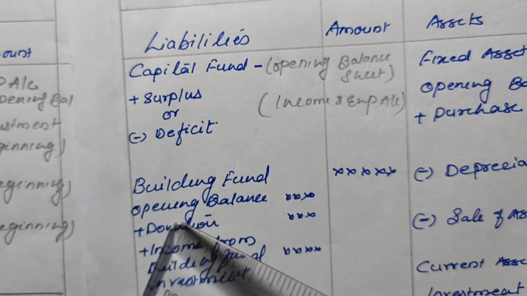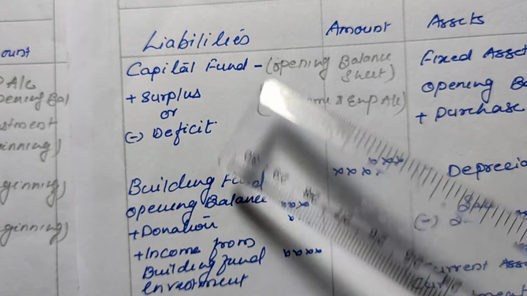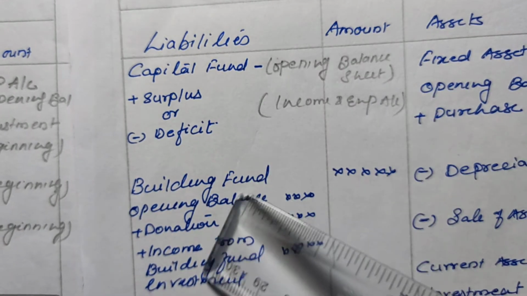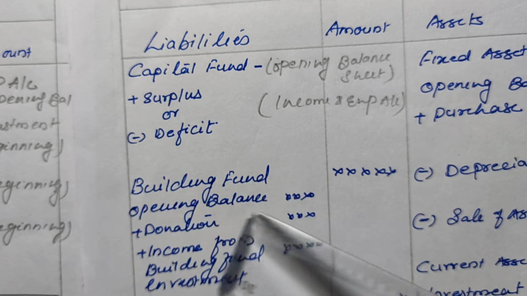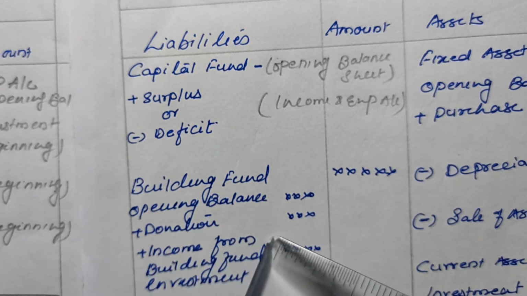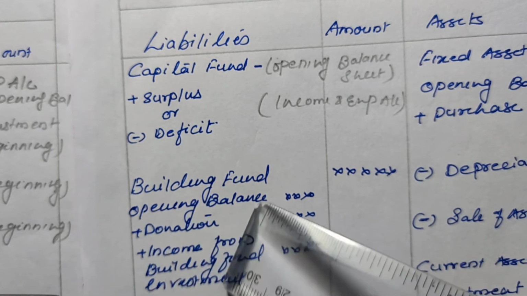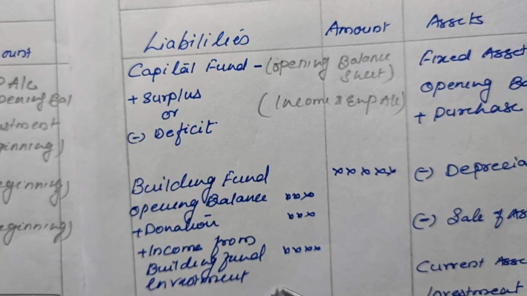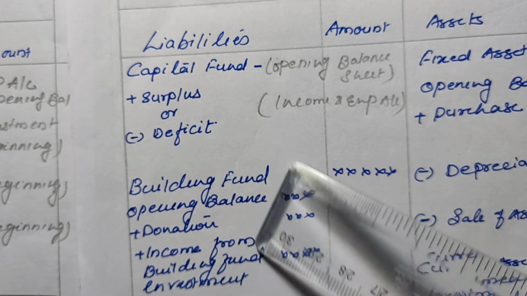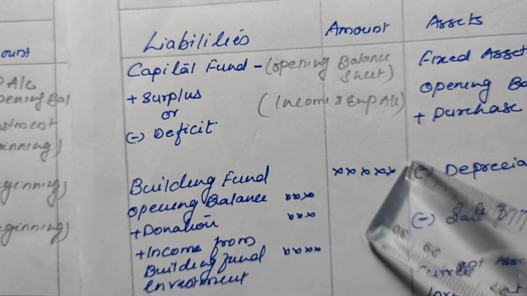So if any fund is given, that will be recorded in the closing balance sheet. How will we record it? Opening balance plus donation, then plus income from building fund investment. Suppose it is a building fund, then the income from the building fund investment will all be added and we will record it here.